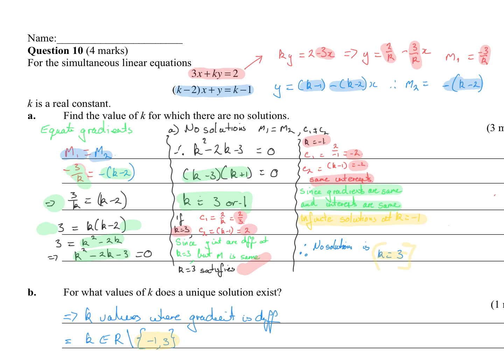So that's one way of getting the inverse function using your CAS.